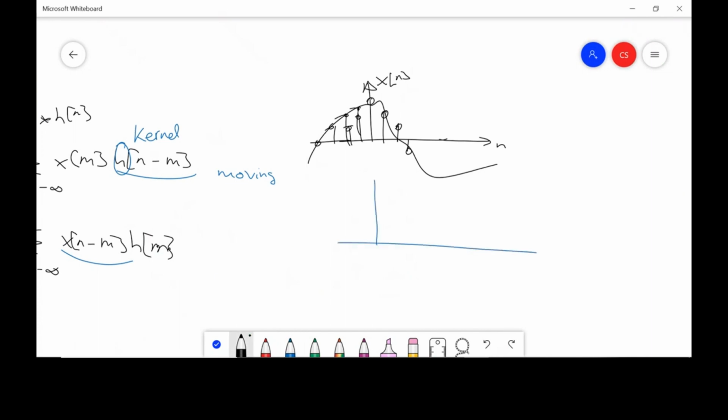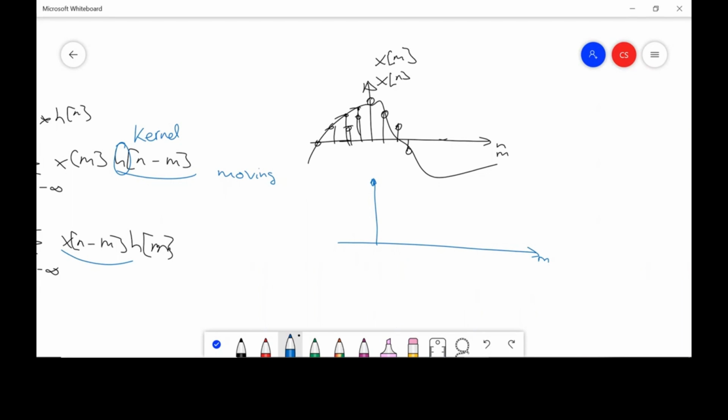I will already plot it in the m axis. Because it is not moving, you can call it x of n or x of m, it doesn't matter. Now, this one will be the h. So it has to be also in the m axis.